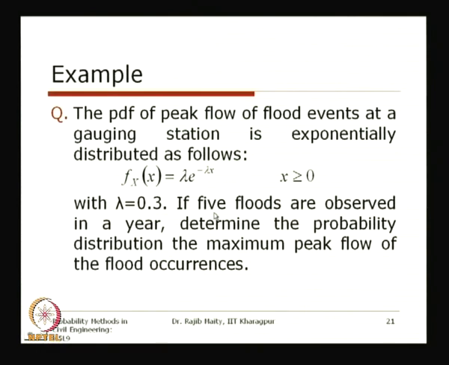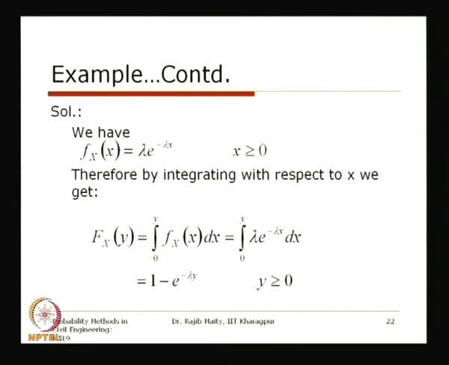So, there are 5 such flood events. What is the probability distribution for the maximum peak flow out of these 5 flood events? To solve this, as we are interested in the maximum of the peak flows, the PDF that is given is λe^(-λx), an exponential distribution, and you know that the CDF of the exponential distribution is 1 minus e^(-λx).